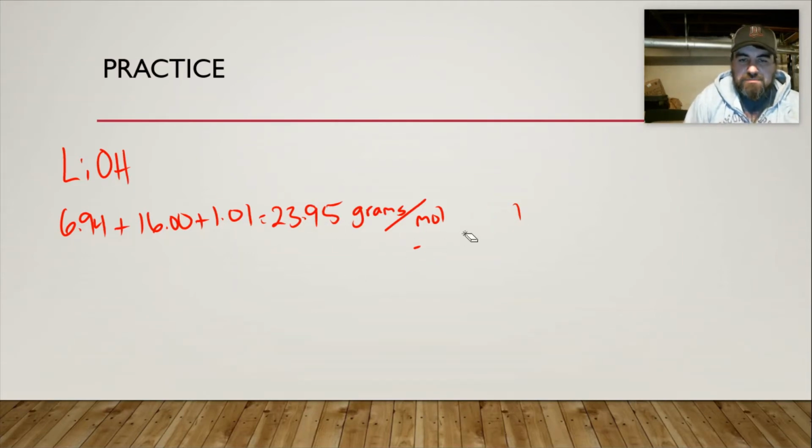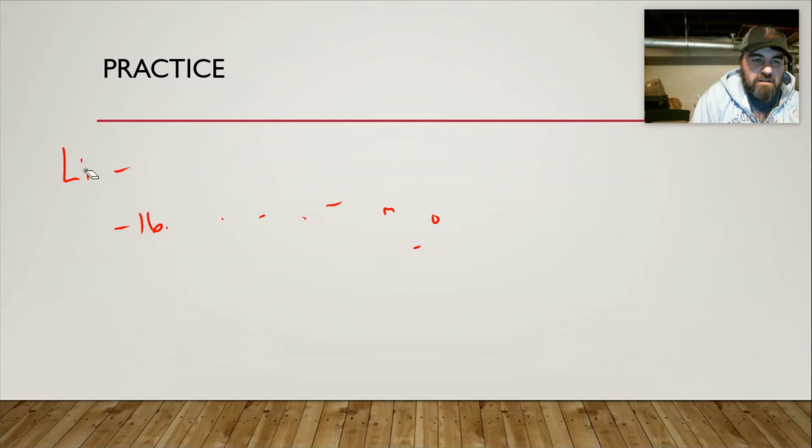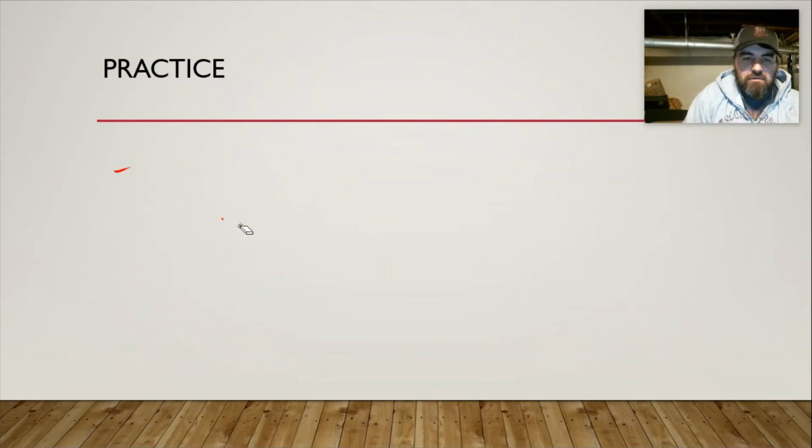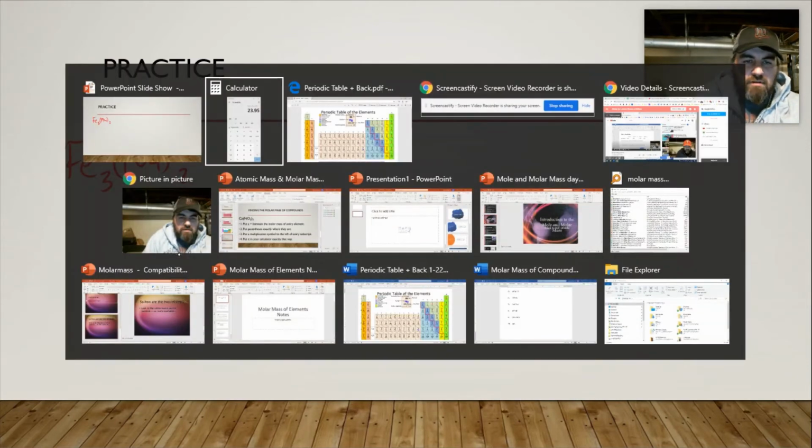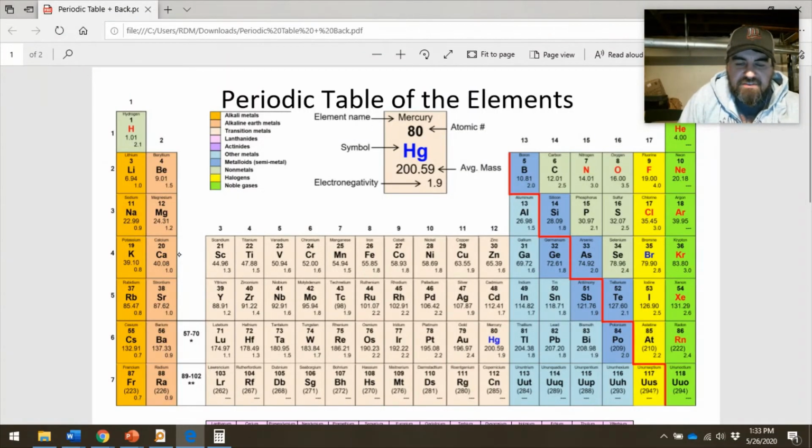Let's try another one. Let's do something a little harder. Let's do iron(II) phosphate. Okay, this one's going to get pretty hairy. So look up iron. Iron is 55.85.